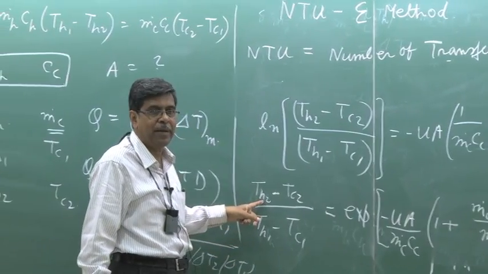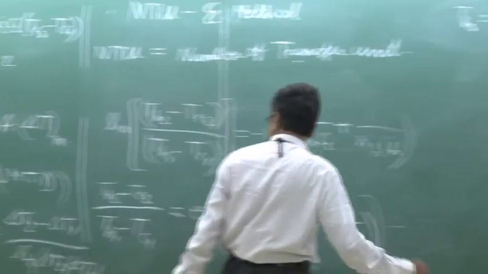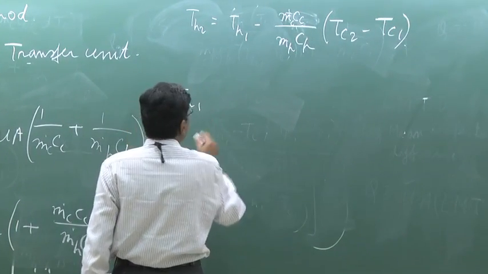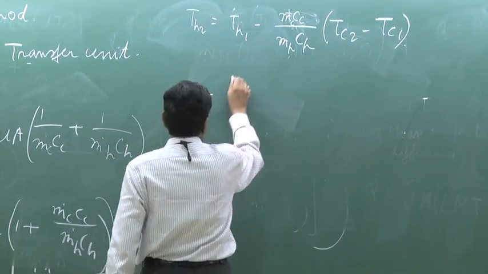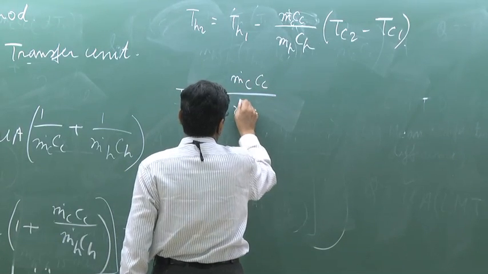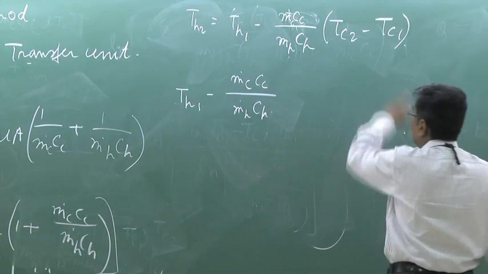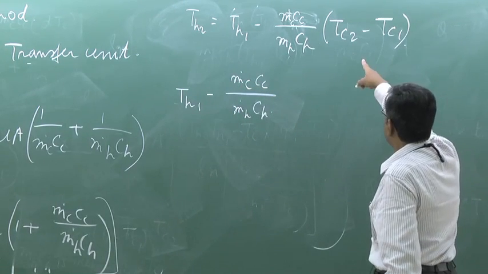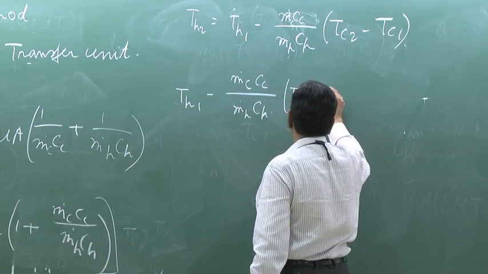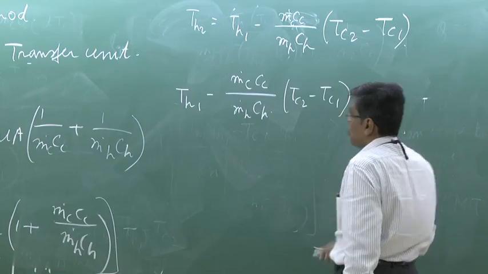Only follow the algebraic continuity. Th2, then I can write here Th1 minus m dot Cc divided by m dot Ch, Tc2 minus Tc1, Tc2 minus Tc1 minus Tc2.